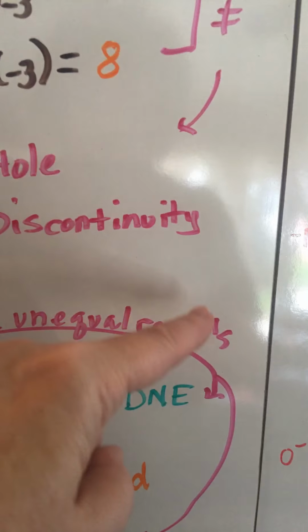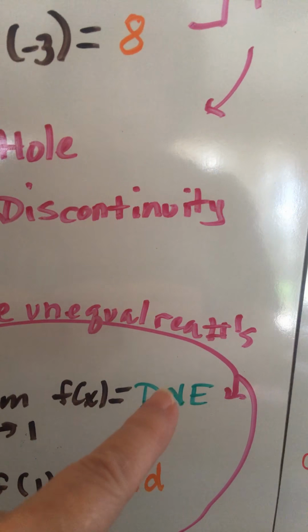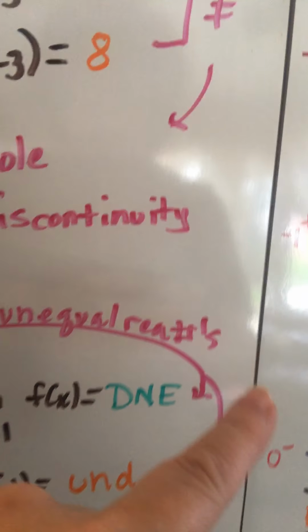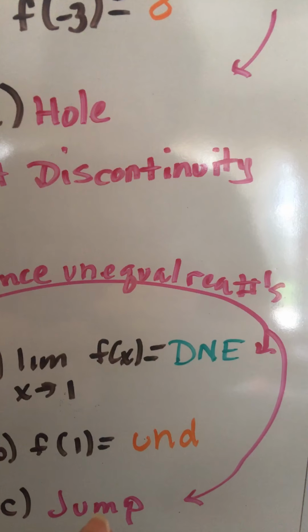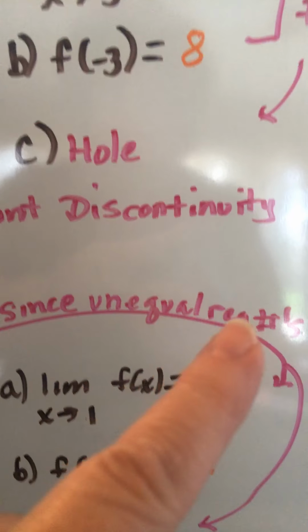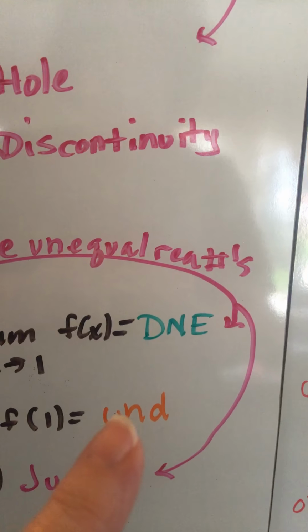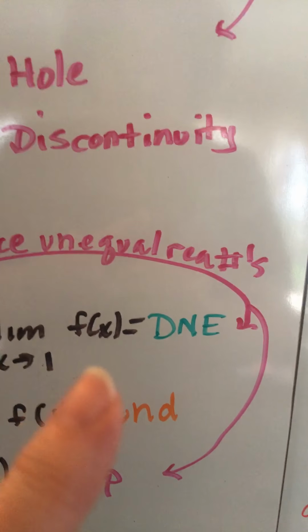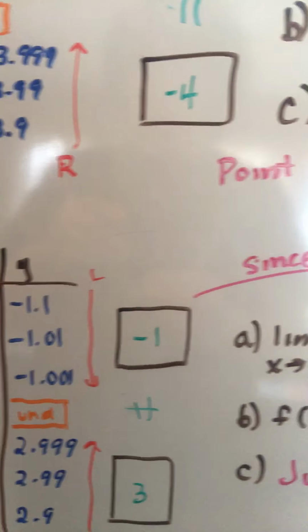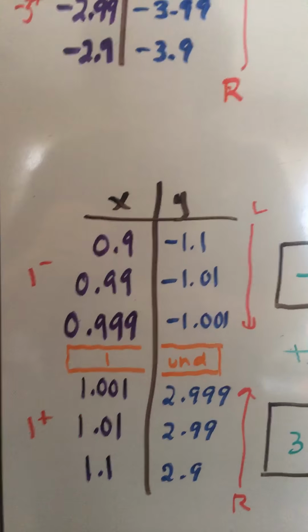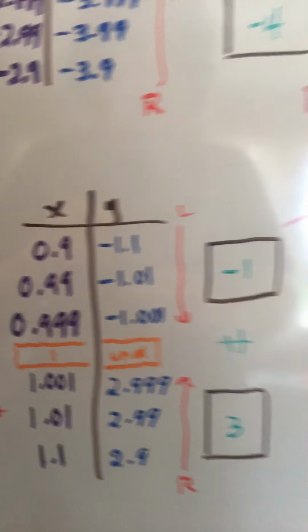And when they're both real numbers and not equal, of course, it's D and E because they're not equal, but that's also the definition of a jump. Unequal real numbers forms a jump. Notice the ordered pair doesn't matter. And when the limit doesn't exist, we're going to call this later on a non-removable discontinuity.